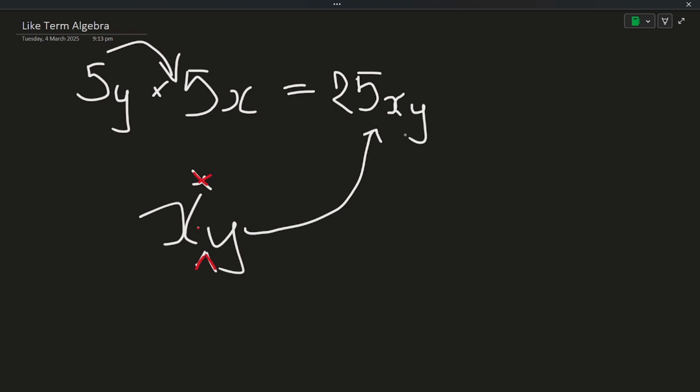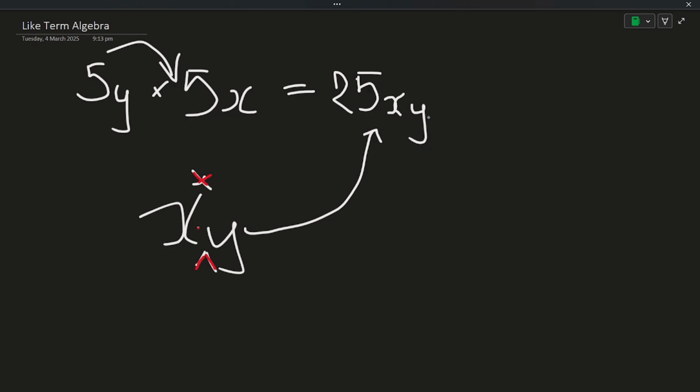xy. Now usually it doesn't matter if you put the y or the x first, but it's better for you in maths if you put them in alphabetical order, like A first, then B, then C, then D. It's better that way. It looks much cleaner, and probably is a marking criteria in most countries. You might realize that as you go up a level or two.